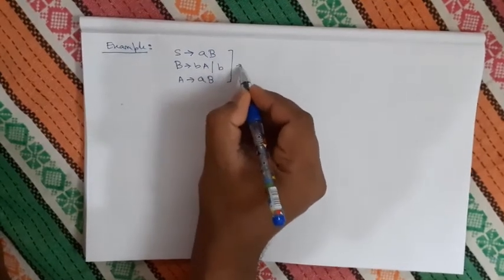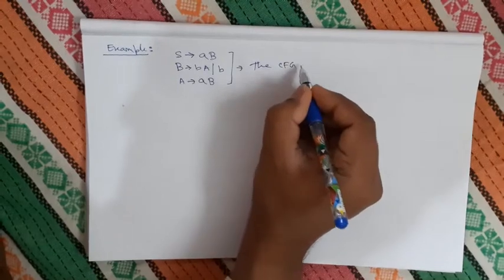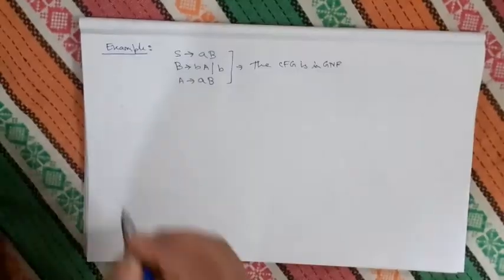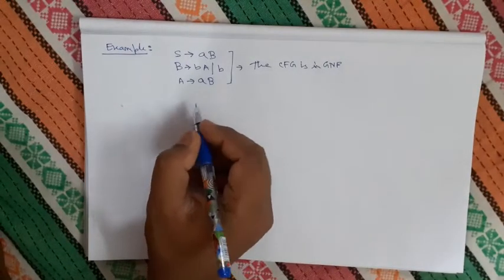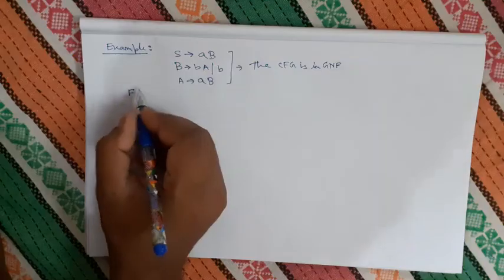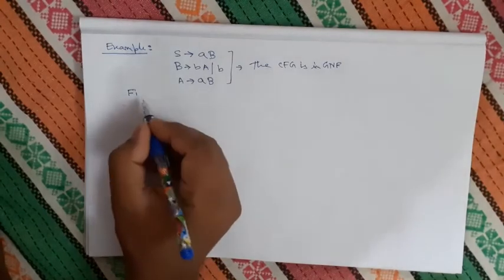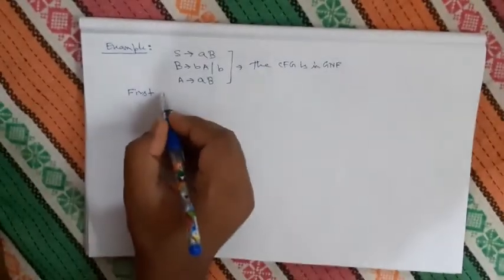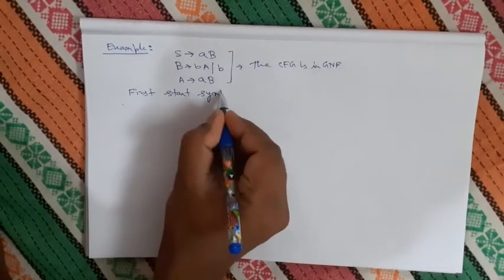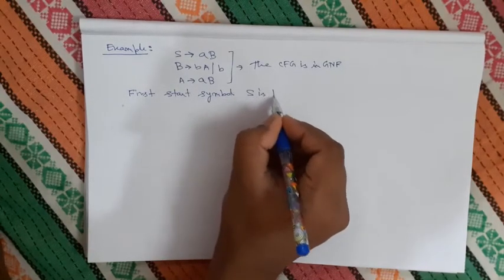So we can write down the CFG is in GNF, so we can start on the second step. What is that? In the second step it was said that first the start symbol S is pushed.